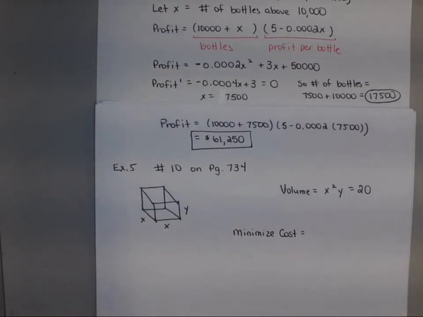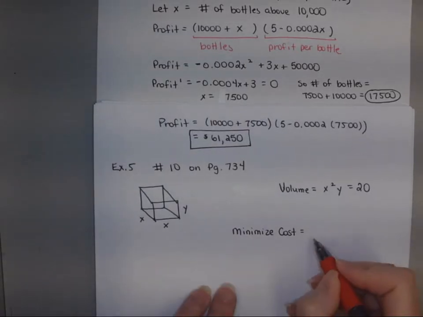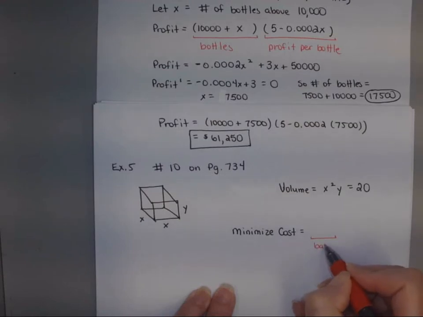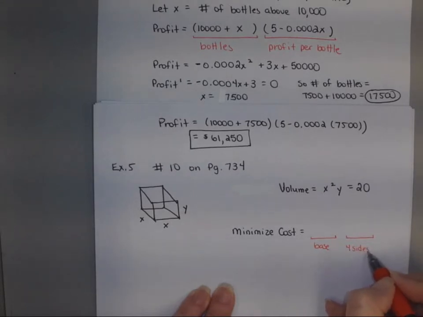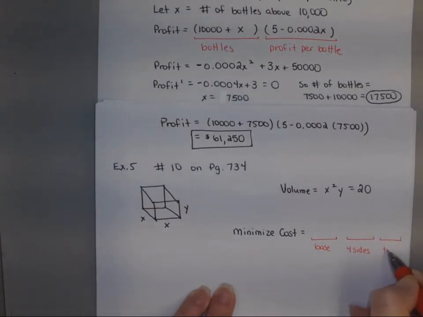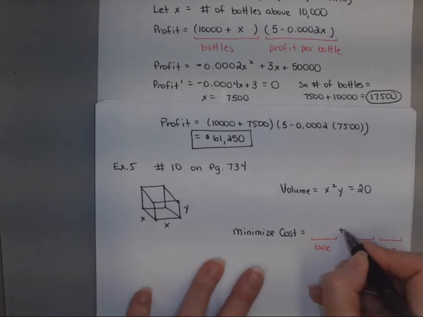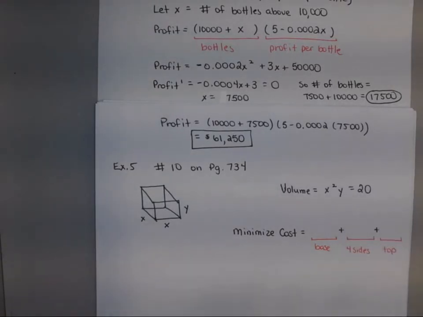Okay, so this is what we're going to need. We're going to need different expressions for the cost of the base, the 4 sides, and the top. Because if you read through the problem, the shipping materials are different for each of the different types of sides.